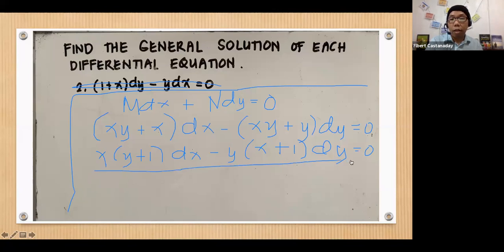So now is the time to separate the variables. What you want in the first term is a pure function of x, so you need to eliminate y + 1 here. You have to divide both sides by y + 1 to remove this function, because you only need pure functions in each term.